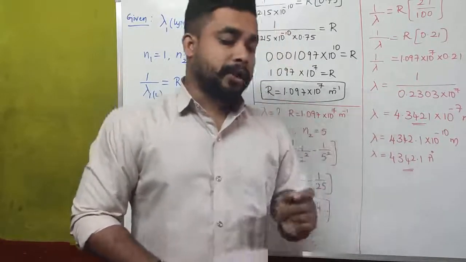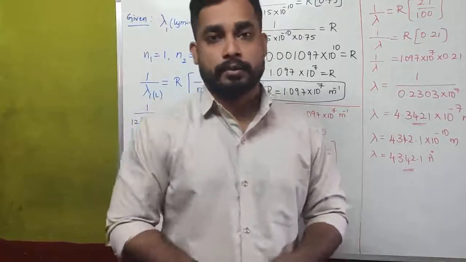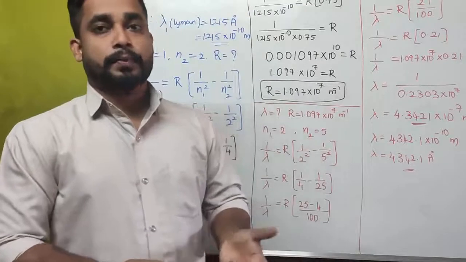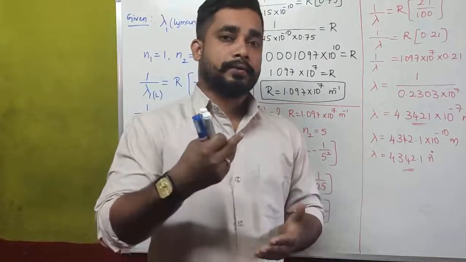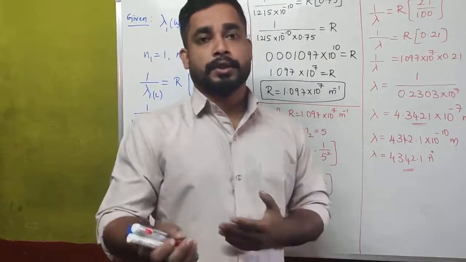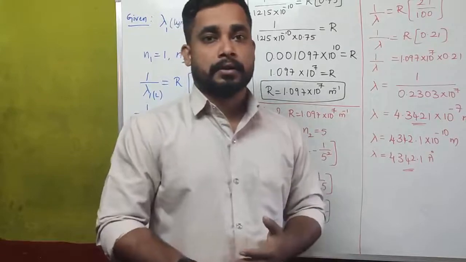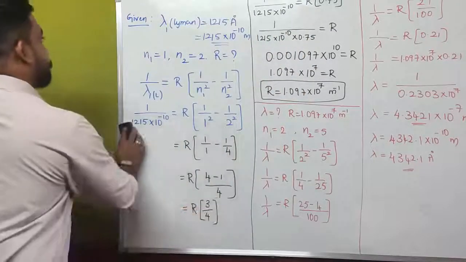Calculate the orbital radius and the velocity of the electron in the hydrogen atom. What we have to do here is calculate the value of the radius, that is r, and the orbital velocity of the electron. That we should find out here. Let us see how we can do that.